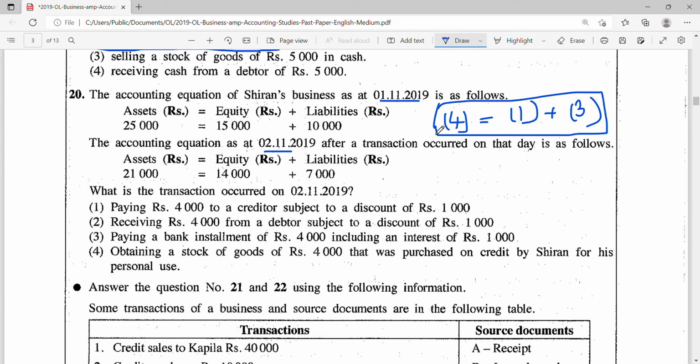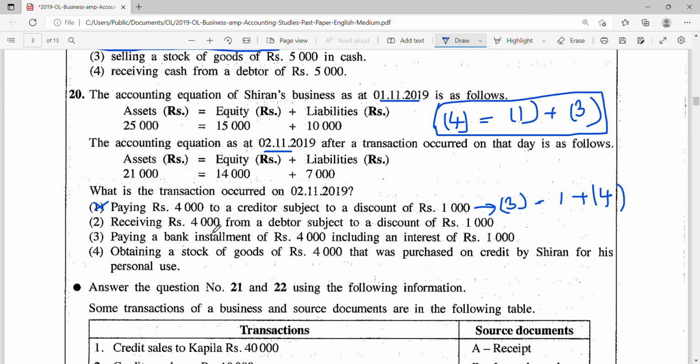Only cash has to be reduced by the net amount, the amount after taking the discount into consideration. So for transaction 1, the equation should be like 3 equals 1 plus 4. This would be the impact on the accounting equation. But here that's not the given scenario. So 1 is incorrect.